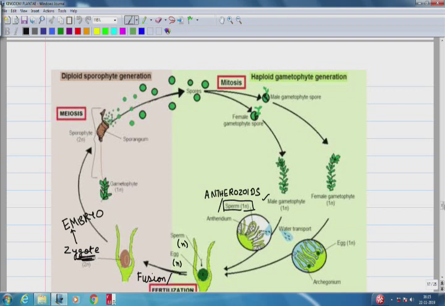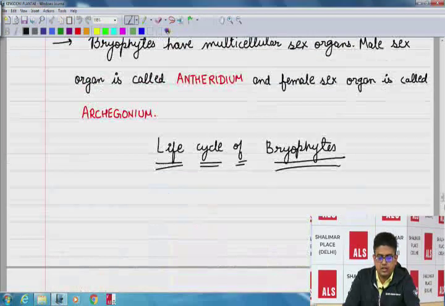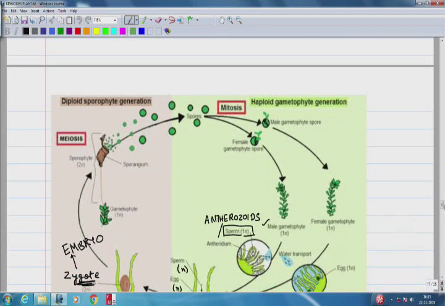In the case of moss, the sporophyte consists of three parts: foot, seta, and capsule. The capsule produces spores, and the spore falls on the ground and produces a filamentous generation called protonema. Protonema grows into male and female gametophyte.